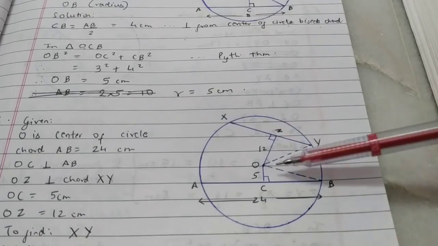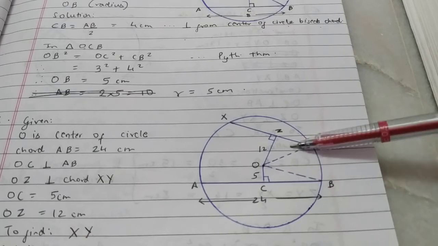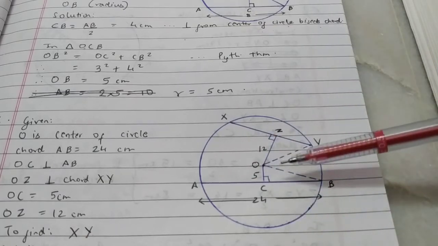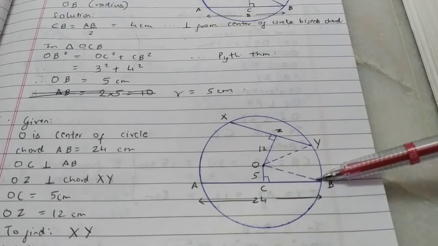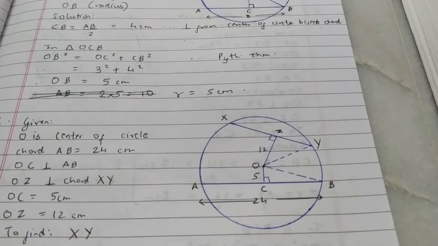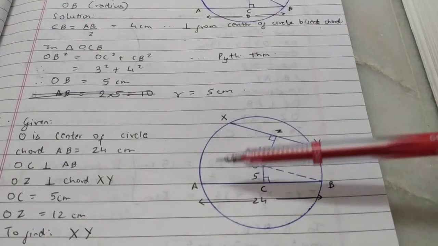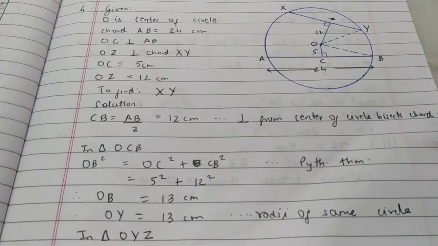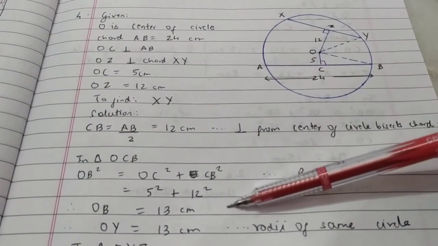So first we'll find the radius, because the radius remains the same in all cases. So just like we did in the previous sum, we will find CB, which is half of 24, 12. Use Pythagoras theorem in triangle OCB, and then we find that the radius is 13 centimeters.